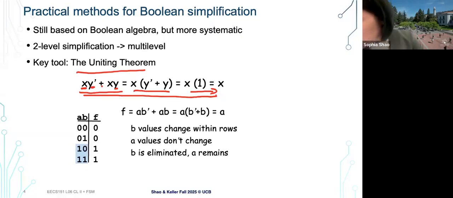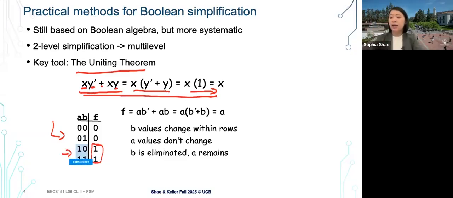If you look at the truth table, it's a little easier to see. Again, we find the rows where f is true. And we see here, even when we have both A and B as input, no matter what B is, it doesn't matter. It really only depends on one of the variables.